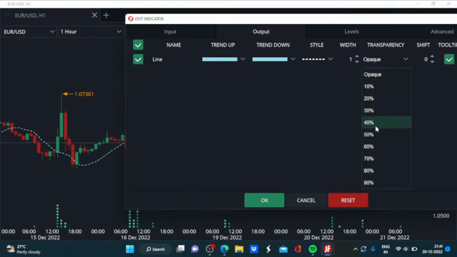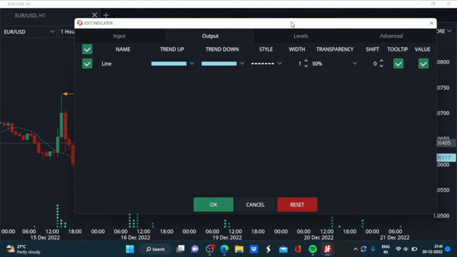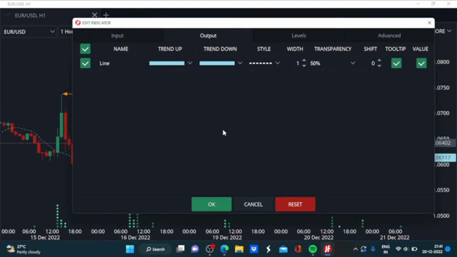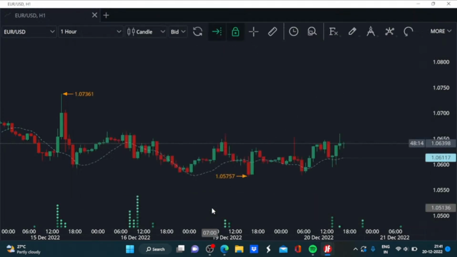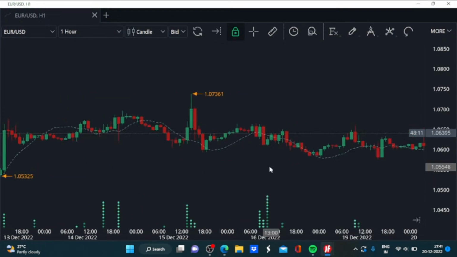If you want to keep this indicator less prominent on the chart, you can do that as well. Here you have this option to work with the indicator in such a manner that its output will look a lot less prominent on the chart, while the main focus remains on the candlestick formation.